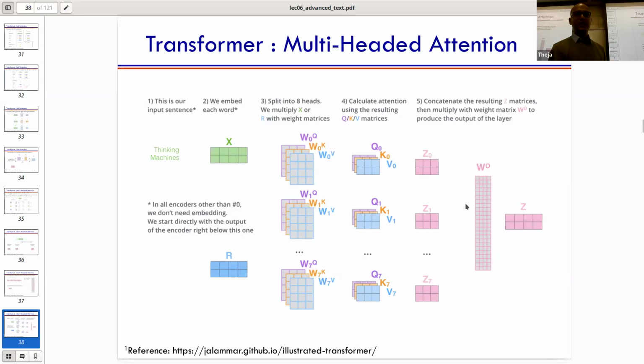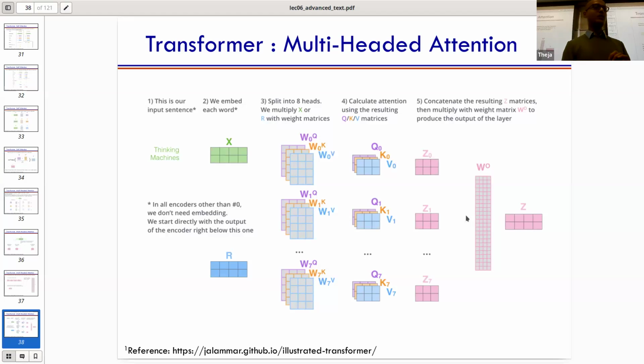Then you can apply an aggregation operation through concatenation and then multiplication, so that you get back to the 4-dimensional vector you care about. Now these Z's will become the inputs for the next encoder unit, and so on. You could have 6 encoder units, and each encoder unit is doing this, where the parameters are these and W0. So there are a lot of parameters, many matrices, but they're not too big.